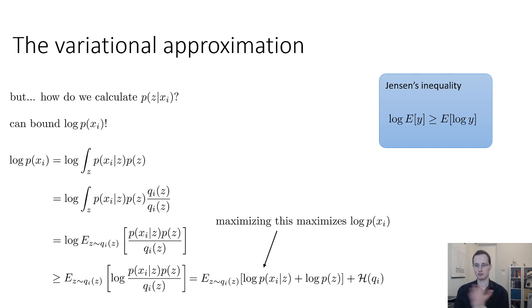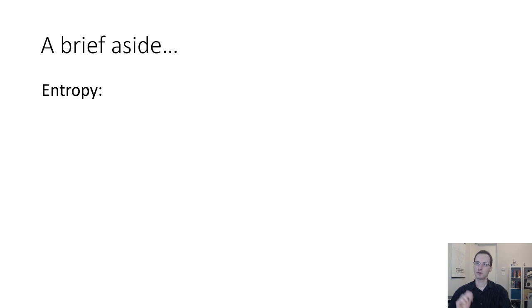But the conclusion of all this discussion is that maximizing this quantity that I have at the end is going to push up on a lower bound to log p of xi, which means that it will eventually maximize log p of xi as well. There's a little detail here, which is that we do need to know how tight that bound is, and we'll talk about that a little bit later. But first, let's have a few brief asides about information theory.